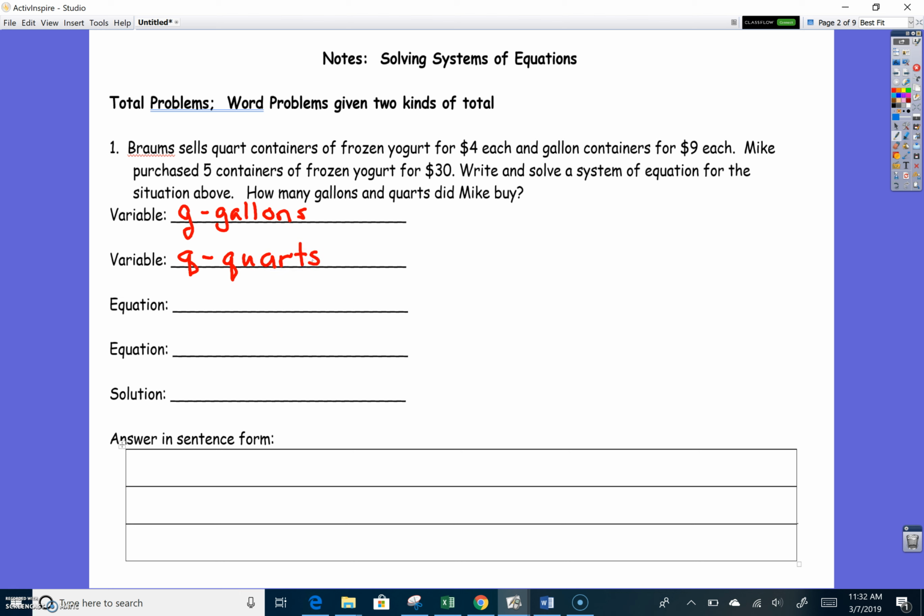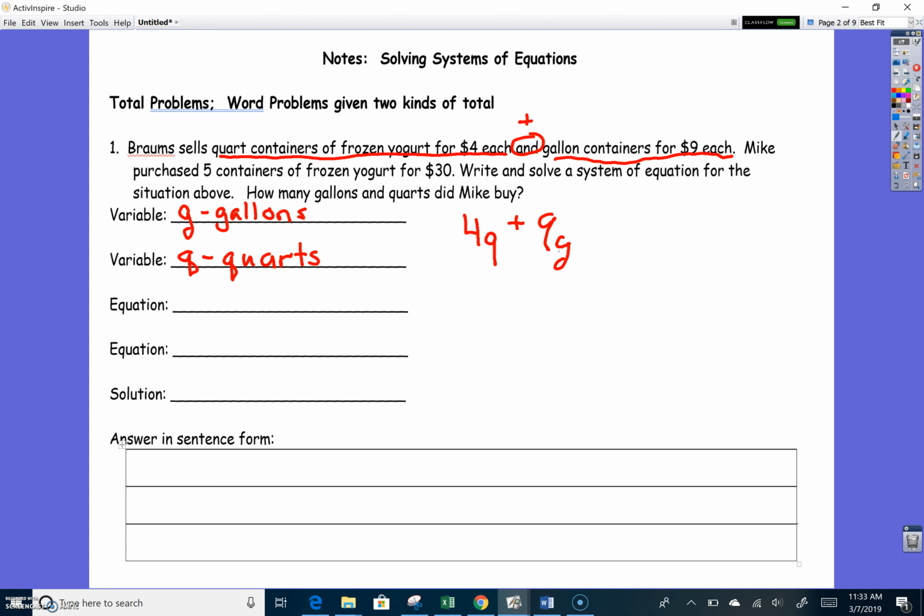Once I figured that out, I know that for the yogurt, the quart is $4 each, so I know the 4 and the Q are going to go together. And means plus, and the 9 is going to go with the gallons.